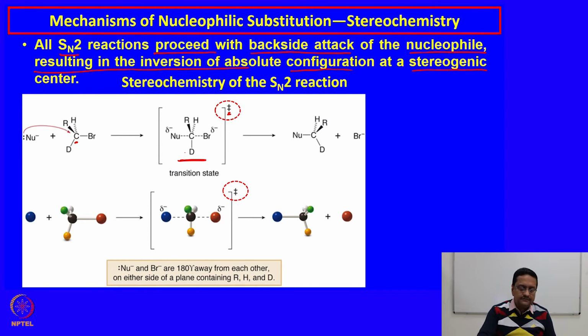Then when the bromide leaves, you get a stereochemically inverted molecule, right. So, the absolute configuration gets changed during the reaction process. In the case of an SN2 reaction on a chiral center, the absolute configuration gets inverted.